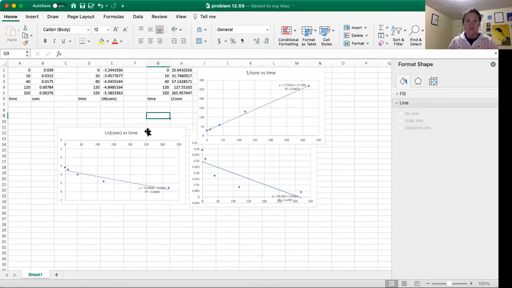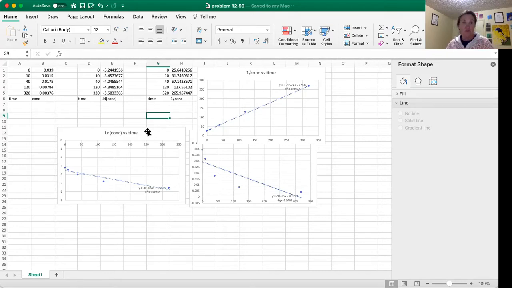So if you look at this screen, I have 3 different sets of data. The first one is time versus concentration. If you look at the table on page 453, it tells you what to plot to determine if it's a straight line, to determine the order.